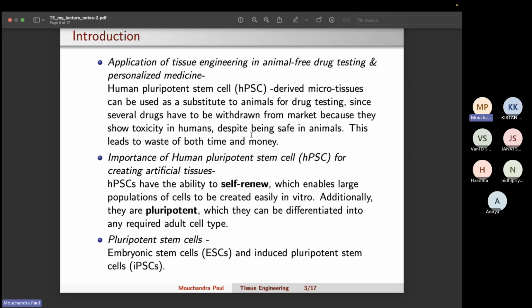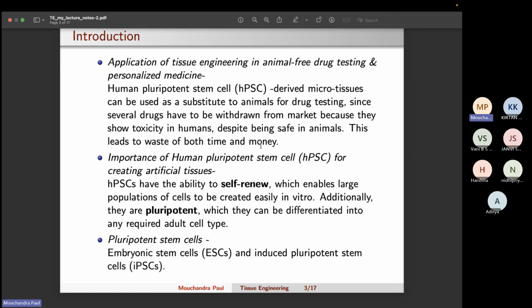Because of this, these drugs have to be withdrawn from the market, which means a waste of money, as billions of dollars go into development of a drug, as well as a waste of time. One drug takes at least 5 to 10 years before it can come to market. Now, after coming to market, it turned out to be toxic to humans, so it has to be withdrawn. So it's a huge waste of resources.